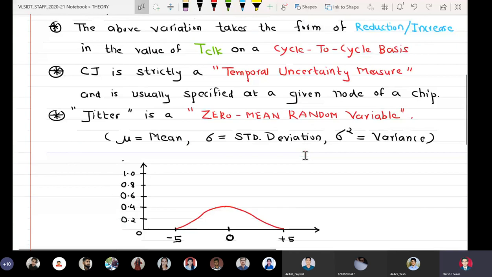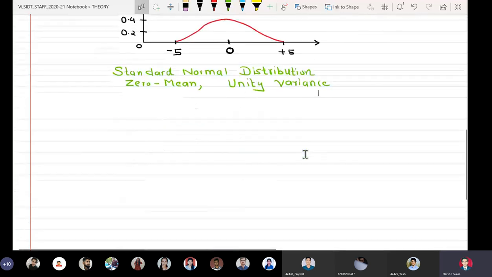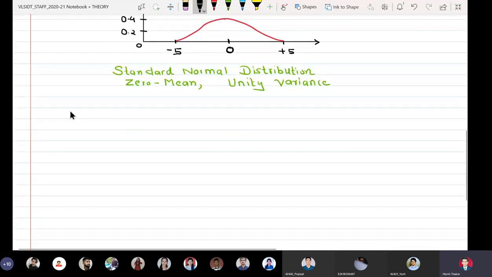Okay. And the last fact about clock jitter is what are the sources of clock jitter. So clock jitter has many sources.